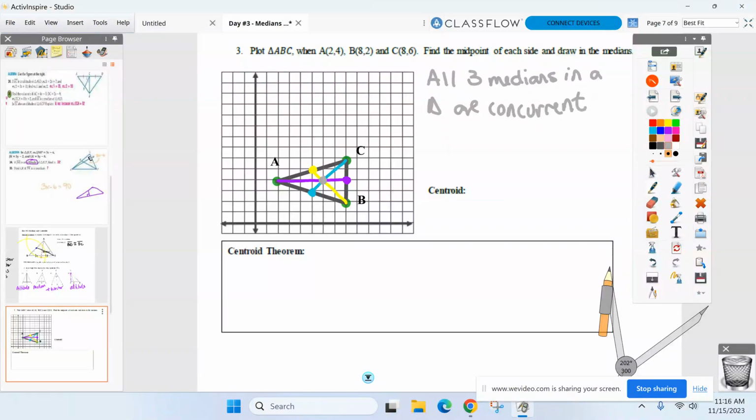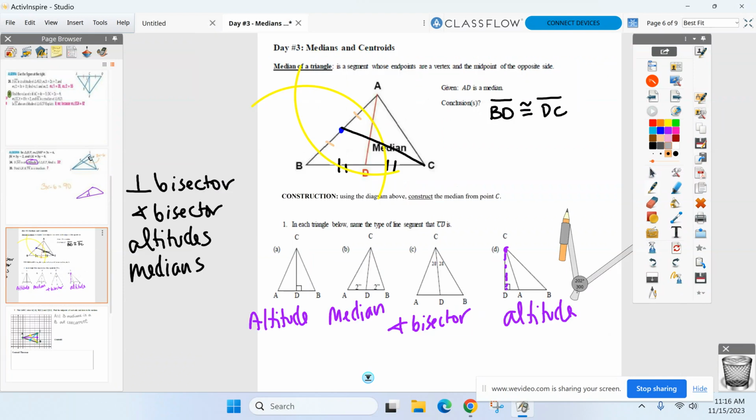I don't know if you guys are keeping tabs or not, but this is the fourth set of lines that are concurrent in a triangle. Perpendicular bisector, day one. Yesterday, angle bisector, altitudes, and now medians. All four of these are concurrent, meaning if I draw all three of them in a triangle, they're all going to hit at the same point.